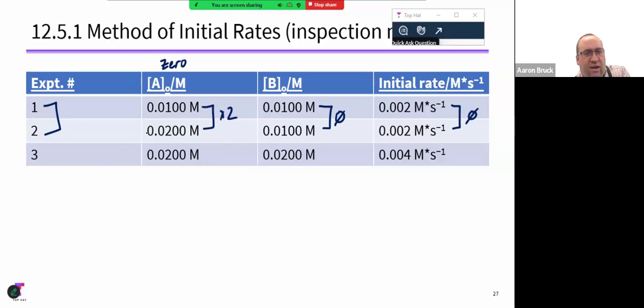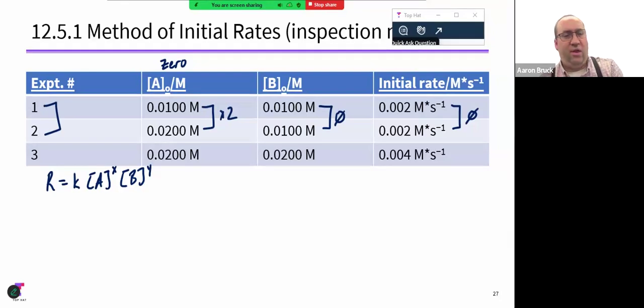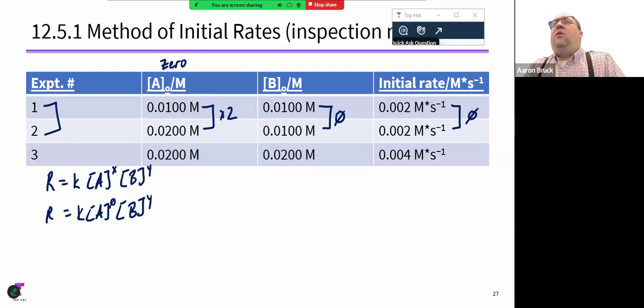And so since A is 0, again, if I'm drawing this out, that was my generic rate law that we started with. I've now determined that A is 0 order. I haven't figured out what B is yet. But because A is 0 order, do we need to include it in the rate law?